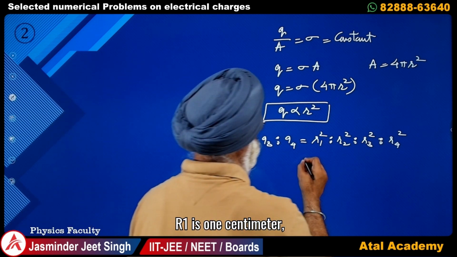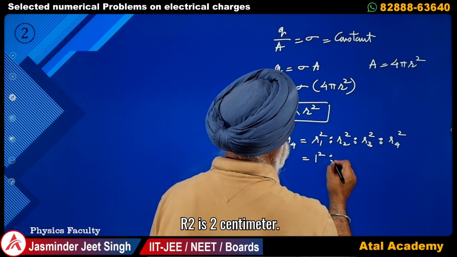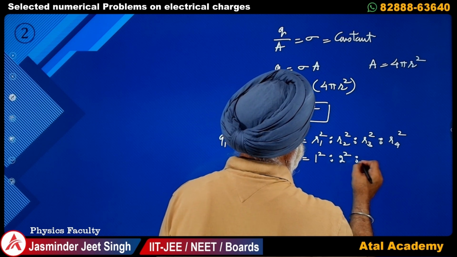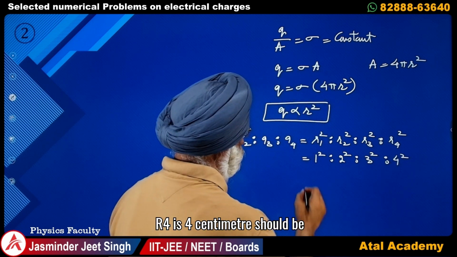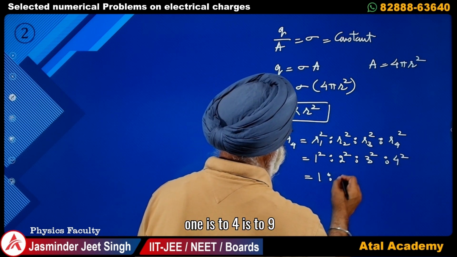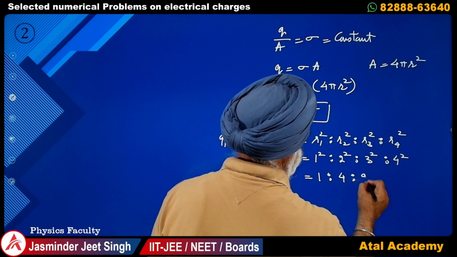R1 is 1 centimeter, R2 is 2 centimeter, R3 is 3 centimeter, R4 is 4 centimeter. It should be 1 is to 4 is to 9 is to 16.